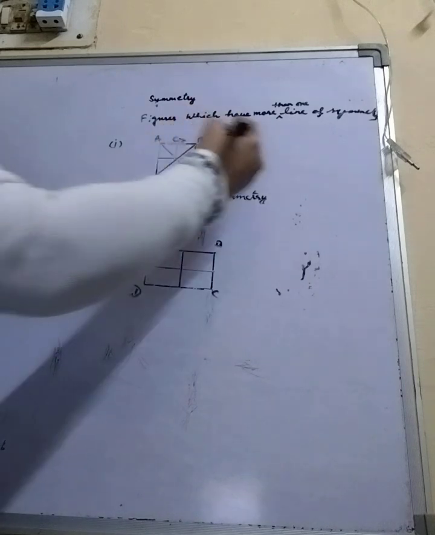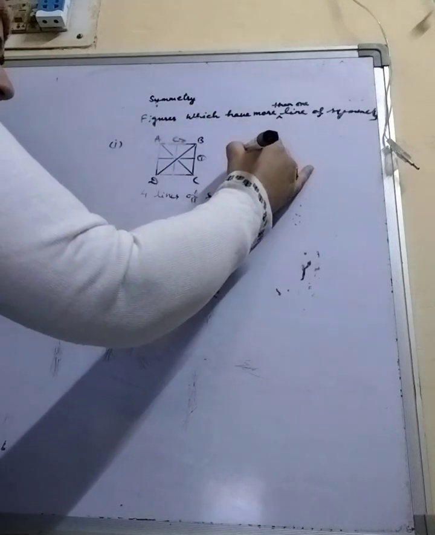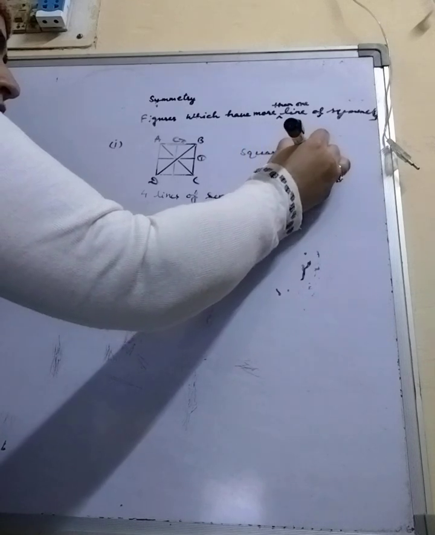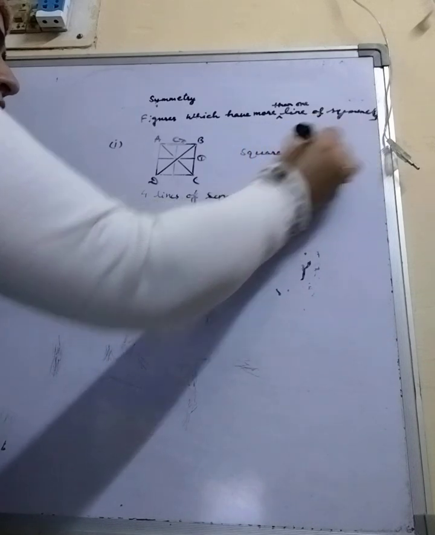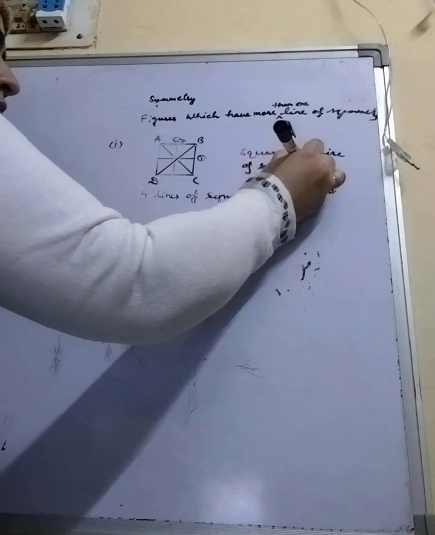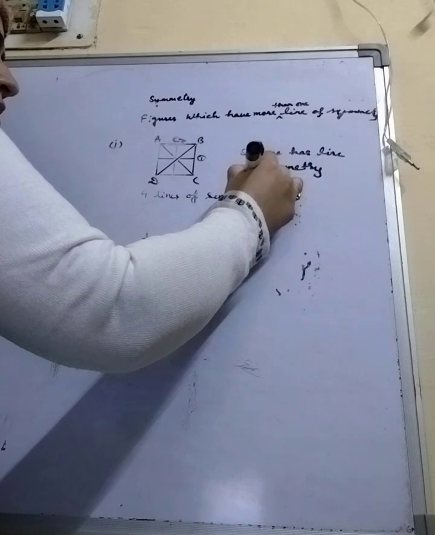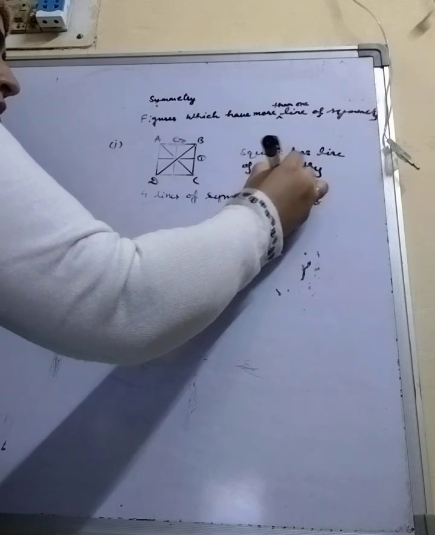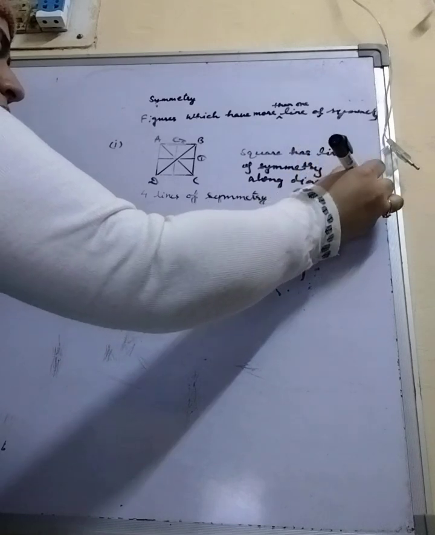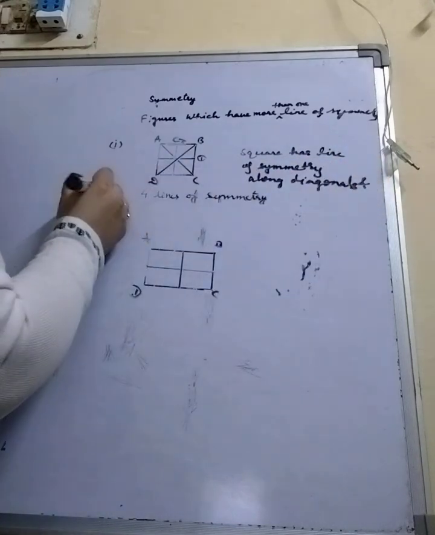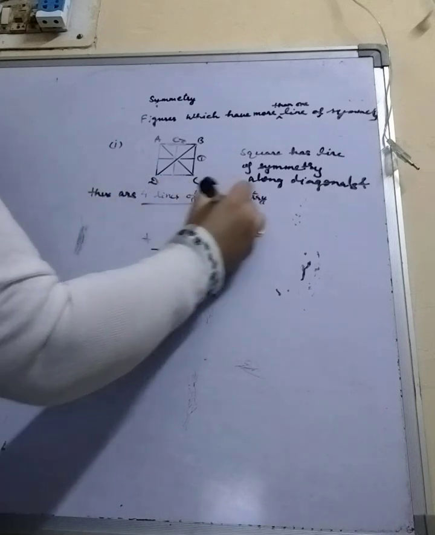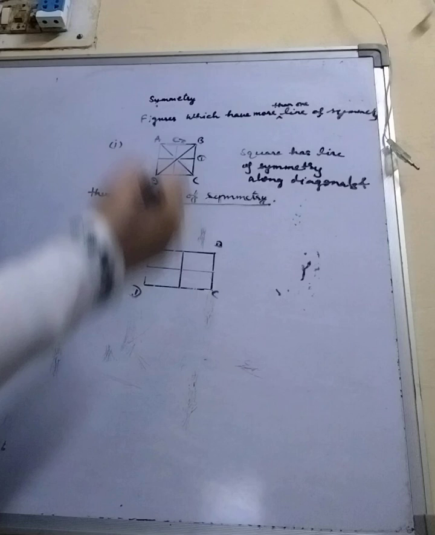So here we will say that a square has lines of symmetry along diagonals, and there are a total of 4 lines of symmetry. This is the full statement.